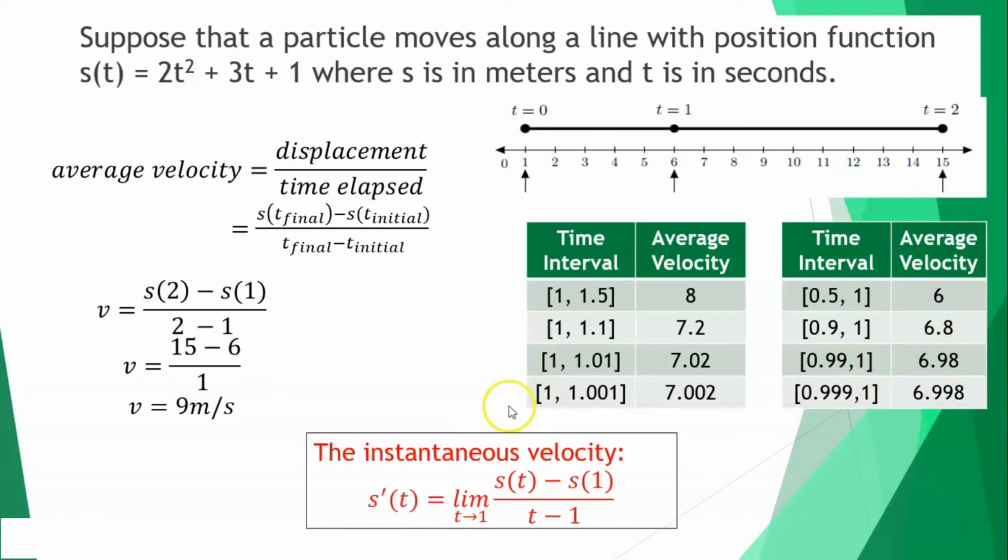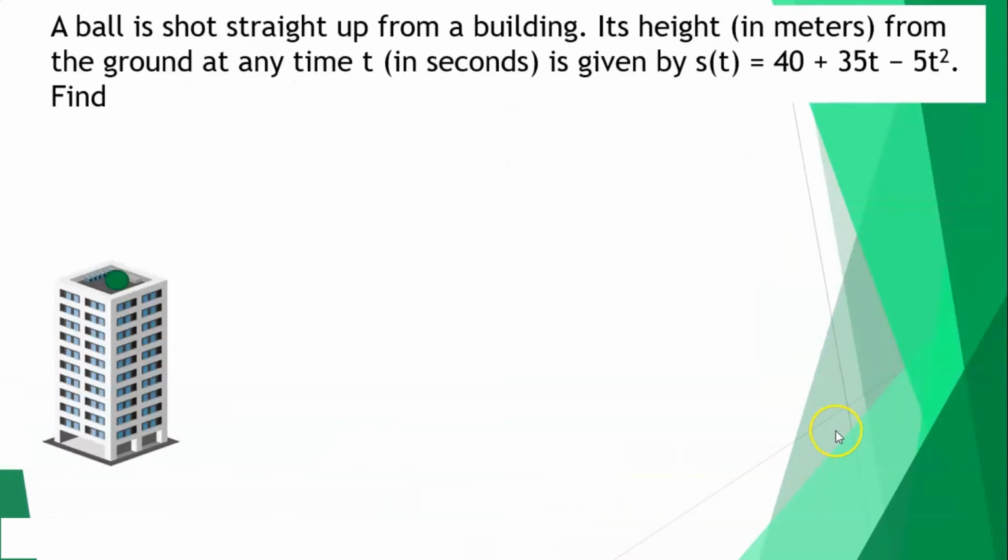So take note, the limit of the average velocity as time approaches 1 is basically s of t minus s of 1 over t minus 1. Take note, this is the formula for the derivative or instantaneous velocity. So take note of this.